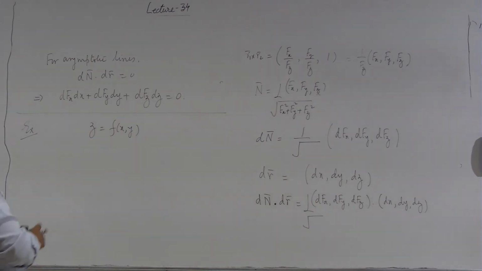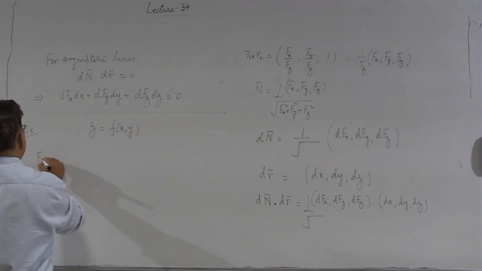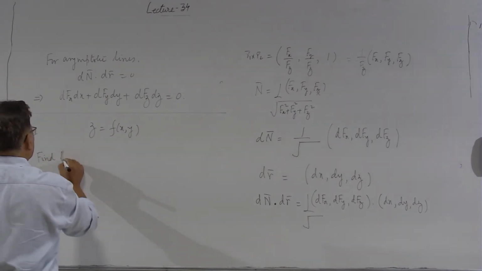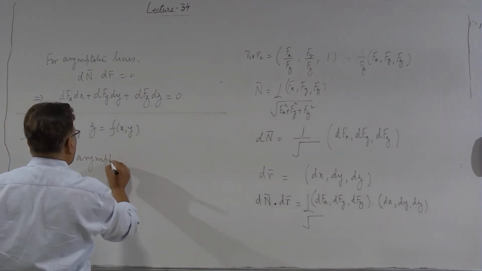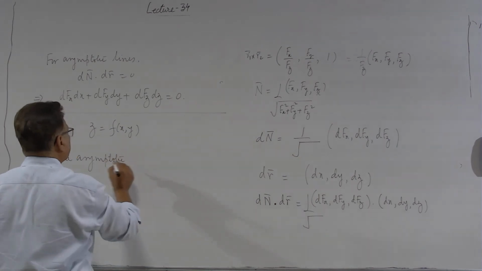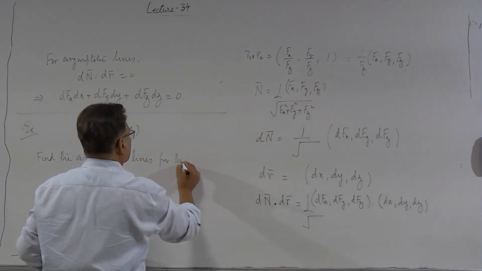So, find the asymptotic lines if the surface is given in this form. Find the asymptotic lines for the above surface.